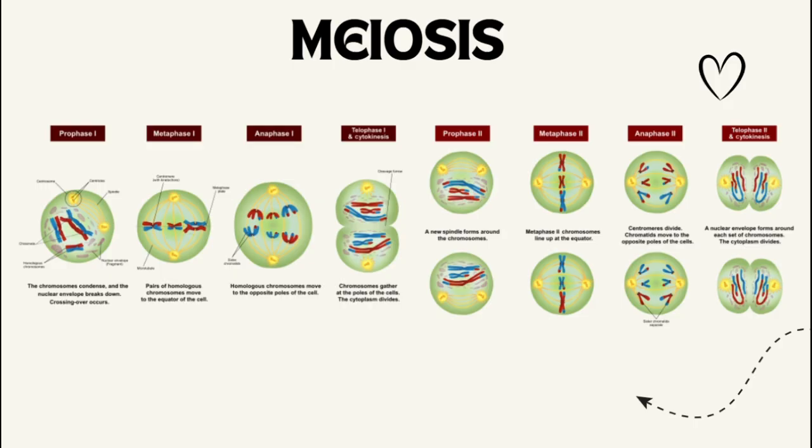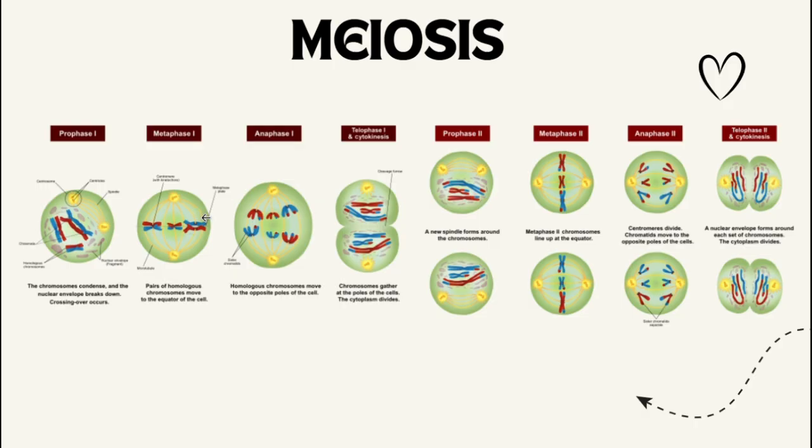Metaphase 1, same thing, they line up at the equator, in the middle, and then we have the centrosome, what I talked about earlier, and the centrioles, right? So in metaphase, the centrosome is going to extend the spindle fibers, and chromosomes are going to line up at the equator. Now there's something very important here.